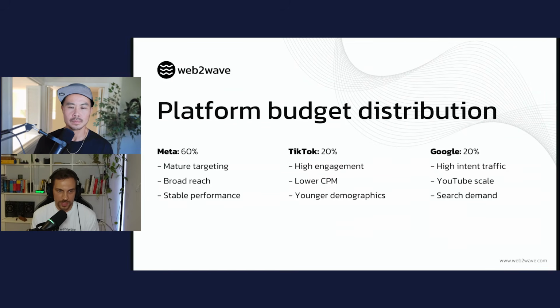Google is the hardest one because with Meta and TikTok, they have really good algorithms. With Google search, you have to spend a lot of time doing all the words, minusing all the words, because, well, it's a big process and you have to spend a lot of time on that.